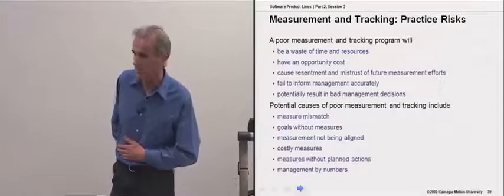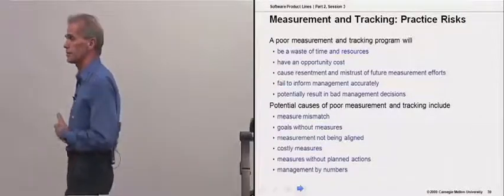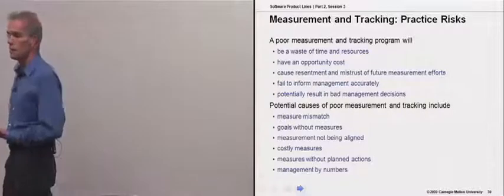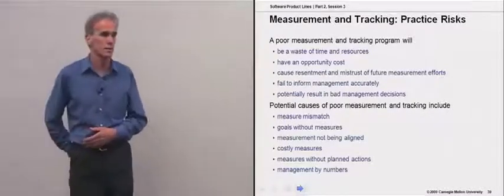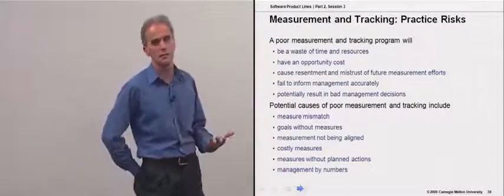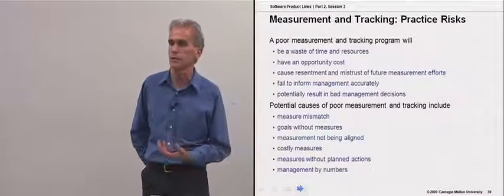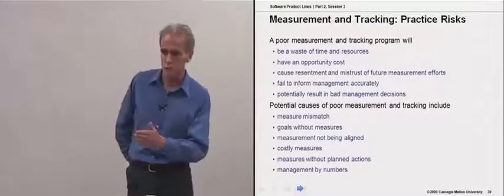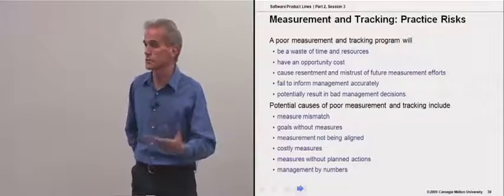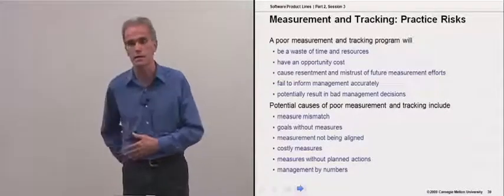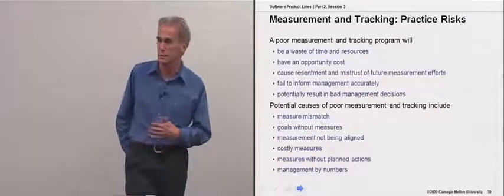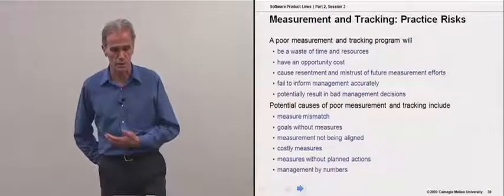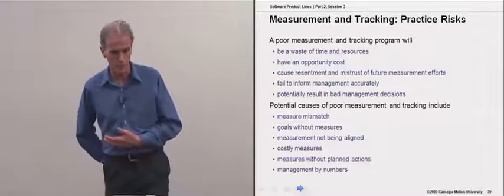The other risk is that you do collect the information, but it really doesn't provide the kinds of decision-making information that management needs to be able to make strategic changes in direction or broadening the scope, for example. So you're not collecting the kinds of information necessary to support an ongoing product line effort.